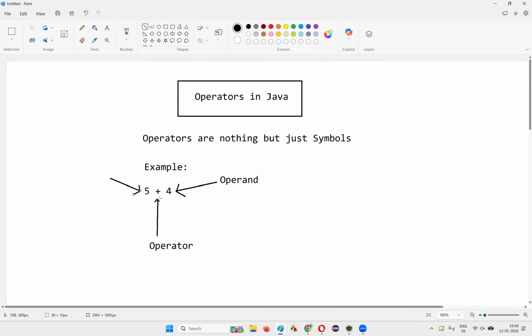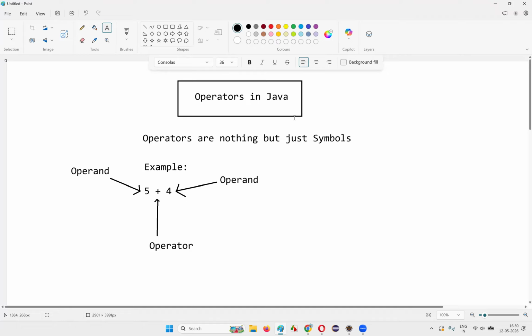Here 5 and 4 are the operands on which the operation will be performed using the operator. Fine. Now you understood what exactly operators are.